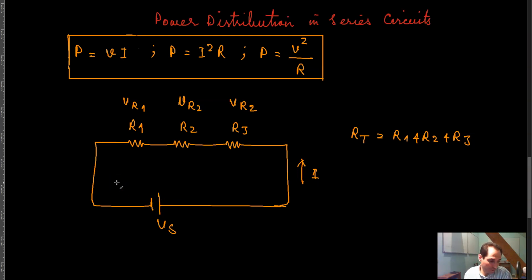Which means that the power dissipated in a series circuit is equal to the sum of the power dissipations that occur in each of those resistors.